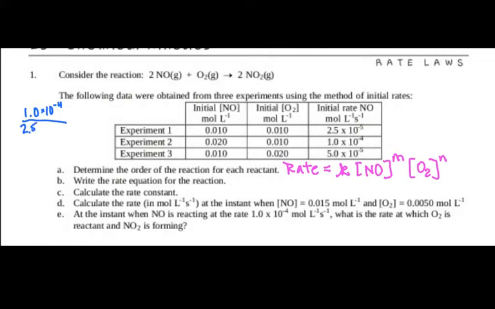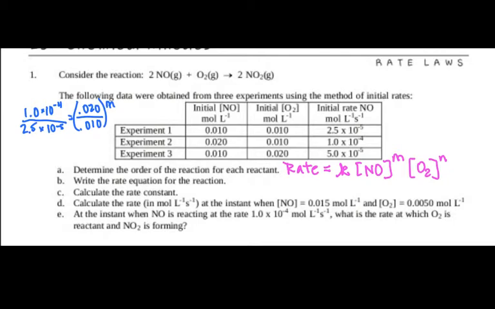So that's going to be divided by the rate from experiment 1, which is 2.5 times 10 to the negative 5th. That's going to be set equal to the concentration of nitrogen monoxide from experiment 2, which is 0.020, divided by the concentration of nitrogen monoxide in experiment 1. That's going to be raised to some exponent, which will be equal to your reaction order.